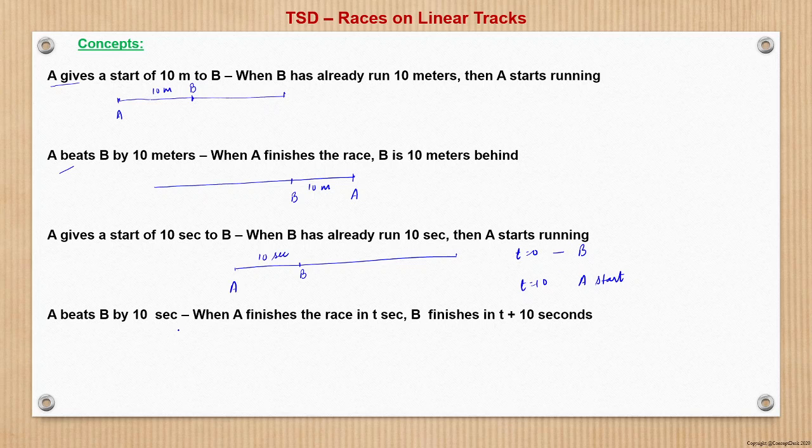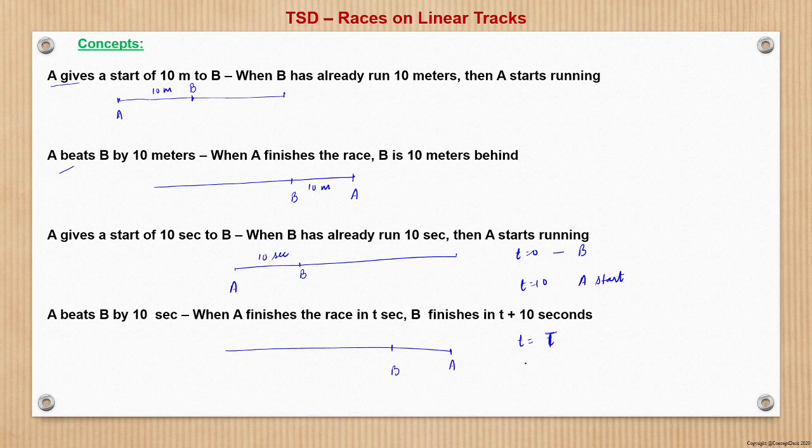Similarly, A beats B by 10 seconds. So it means that when A finishes the race, at say time t, B was some distance behind. What is that distance?